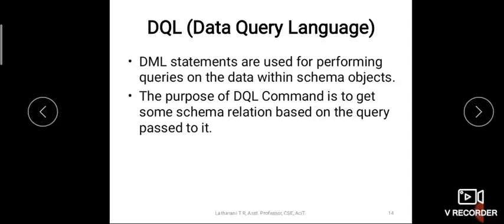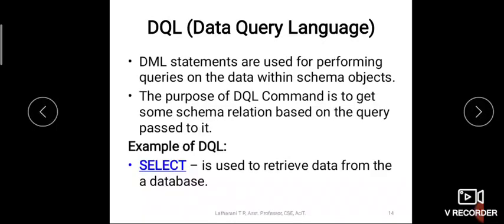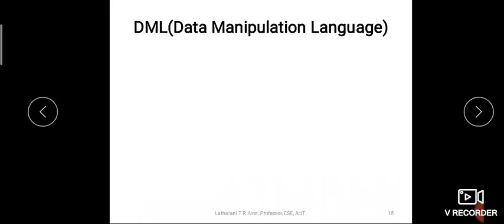Query means question. You question the database for retrieving some information. Example of DQL is select. Select is a major statement in database management system which we are using in most of the operations to retrieve the data based on various conditions.